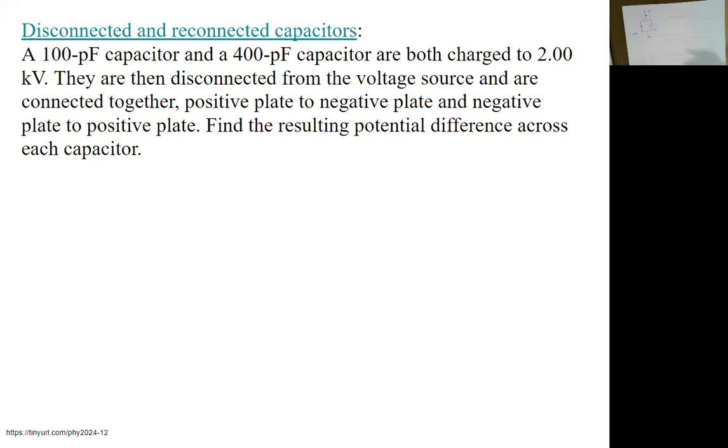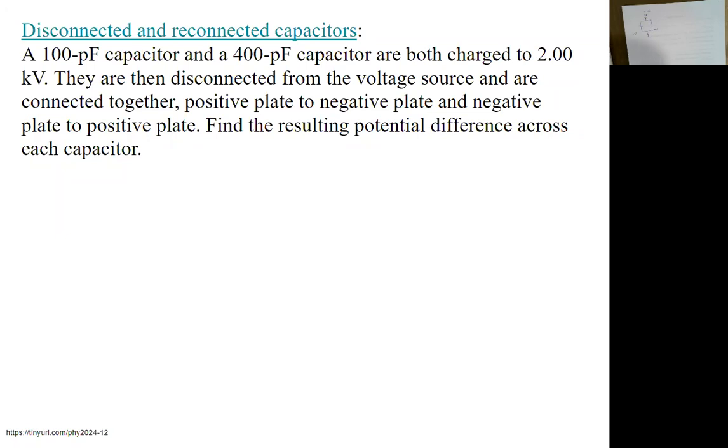So you cut the voltage source and then reconnect them, positive plates to negative plate and negative plate to positive plate. So what happens here?